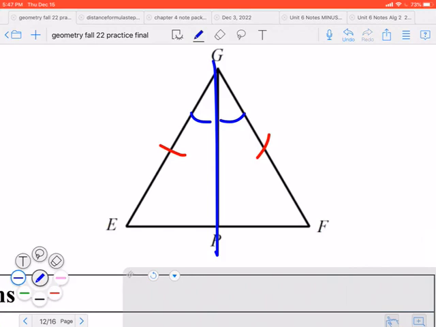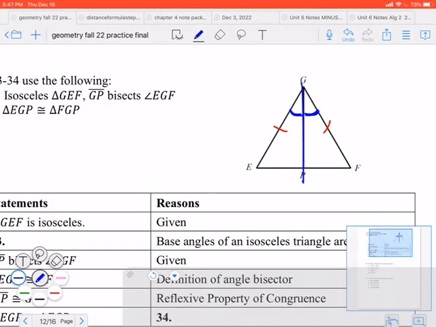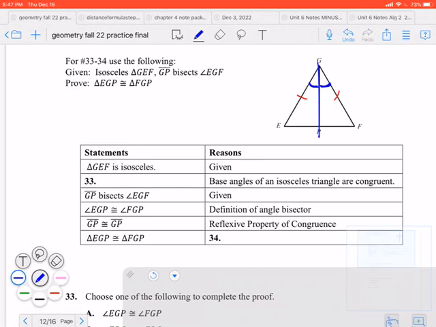So we'll be able to say this angle on the left is congruent to this angle on the right. And we're supposed to be proving that EGP is congruent to FGP. Triangle on left, triangle on the right. All right. So GEF is isosceles, given.